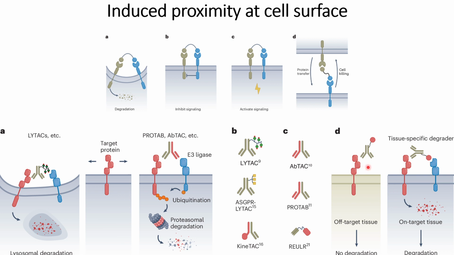So if the degradation needs to occur by lysosomal degradation, then this strategy is used, where the target protein interacts with one of the antibodies that will cause this target protein to reach the lysosomes for its degradation.